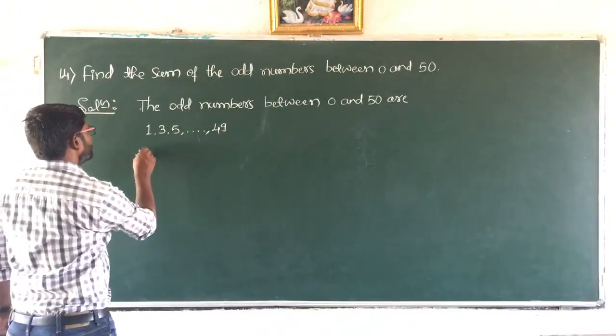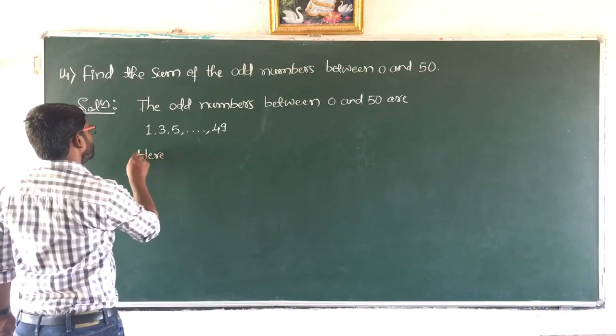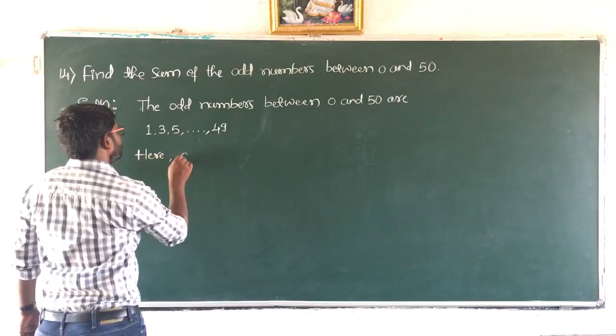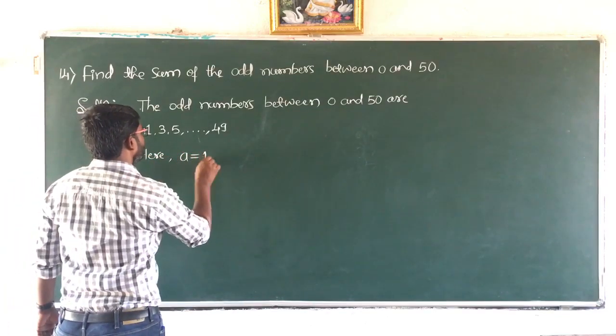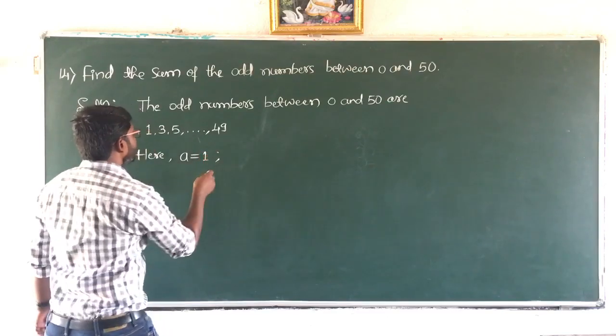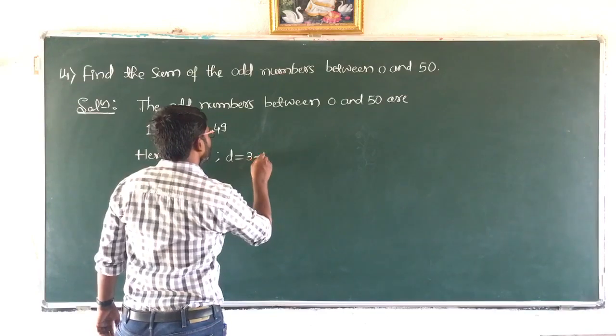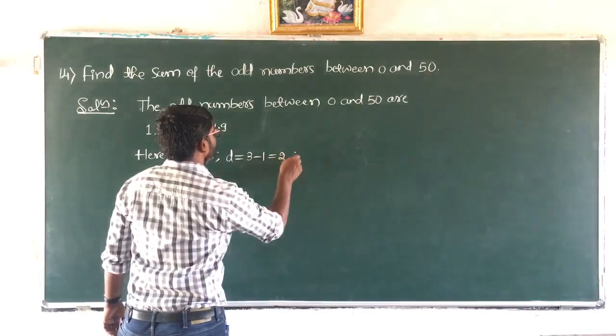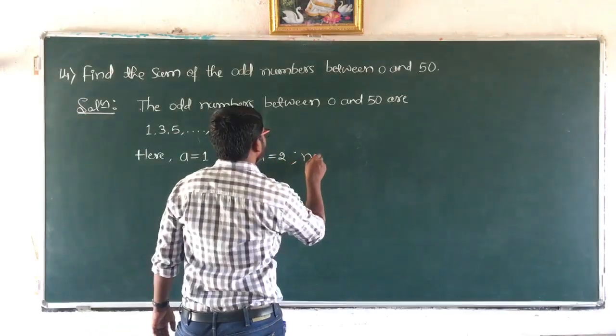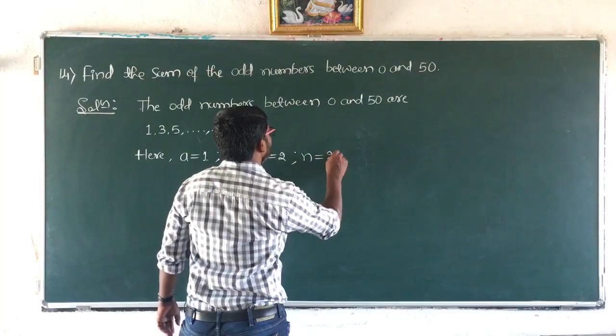Here a is equal to 1. Here the value of a is 1. Then d is equal to 3 minus 1, which is 2. So how about the value of n now? n is equal to 25.